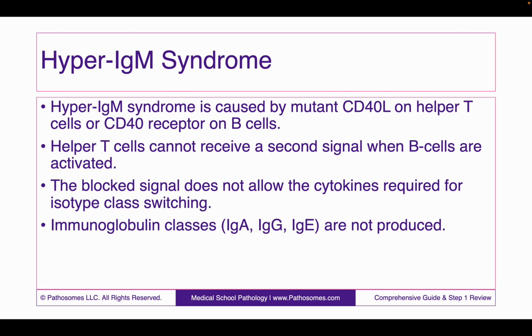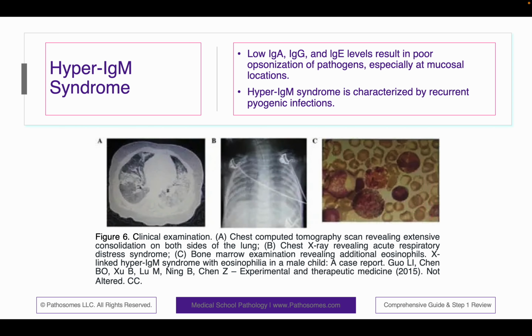Immunoglobulin classes IgA, IgG, and IgE are not produced. Low IgA, IgG, and IgE levels result in poor opsonization of pathogens, especially at mucosal locations like the GI tract. It is characterized by recurrent pyogenic infections.